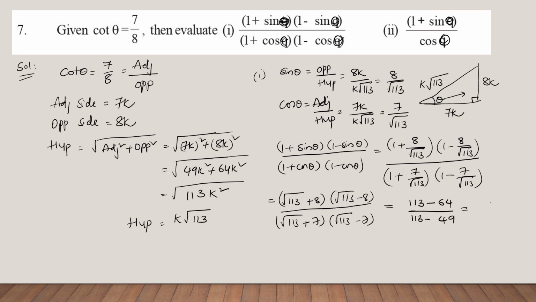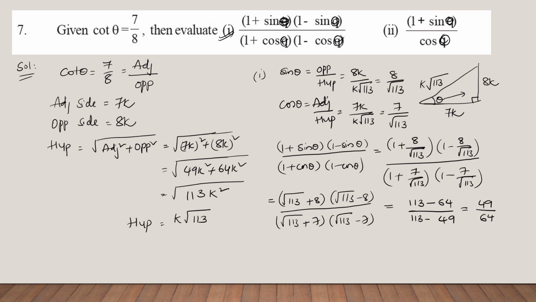That gives 49 divided by 64. Hence the value is 49 by 64. This is the value of the first question.